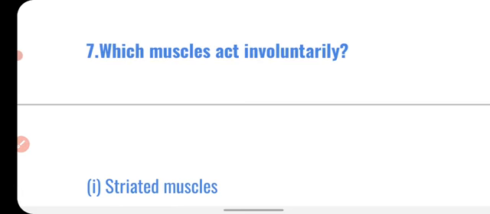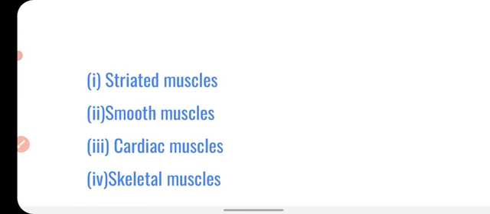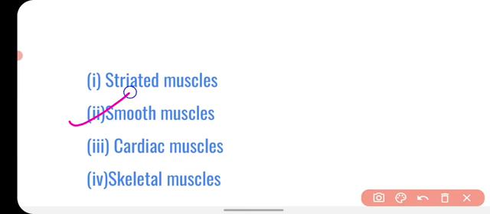Now question number 7. Which muscles act involuntarily? Striated muscles, smooth muscles, cardiac muscles, skeletal muscles. So your smooth muscles are the muscles which act involuntarily, means you do not have conscious control over them. You cannot move them according to your conscious will.